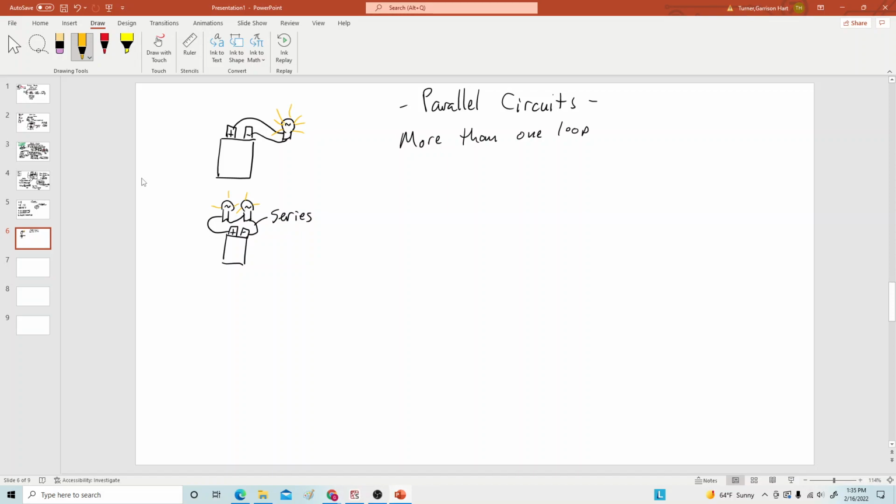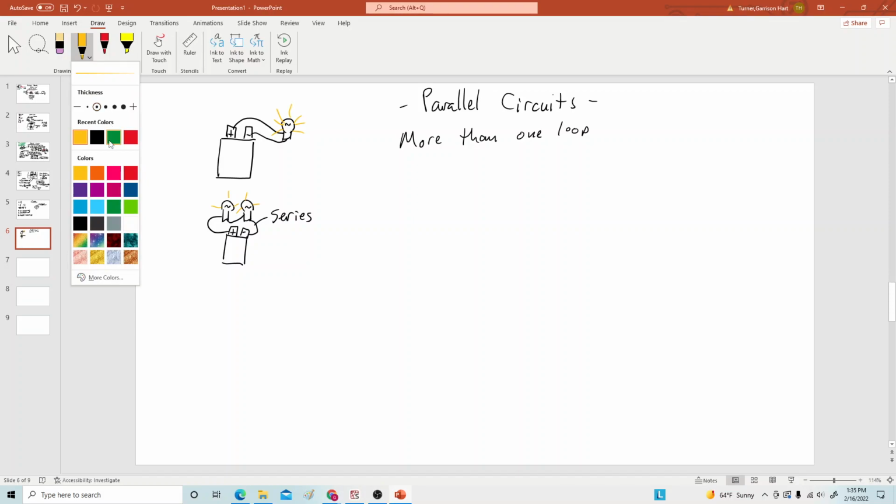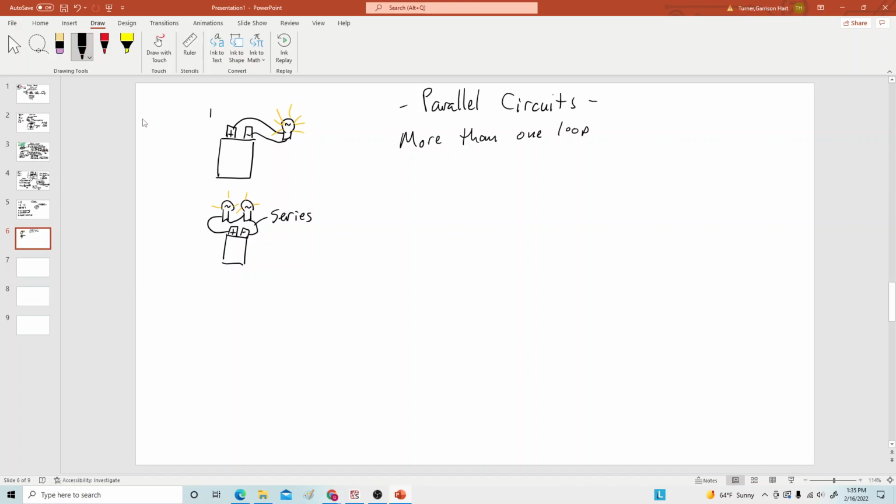Or another way would be to simply connect this second light bulb to the terminals independently of the first light bulb.